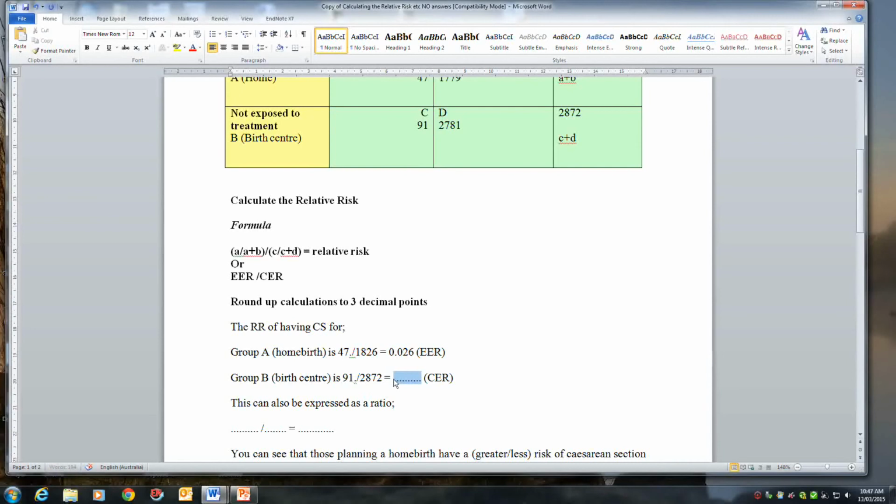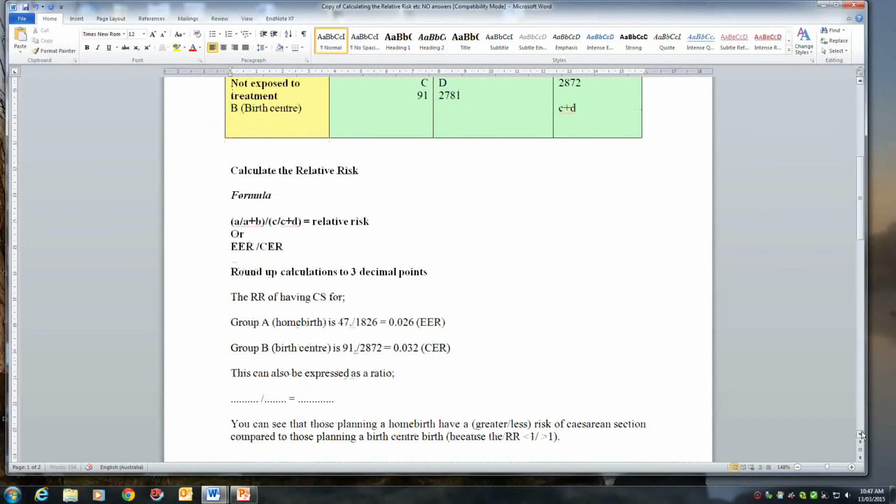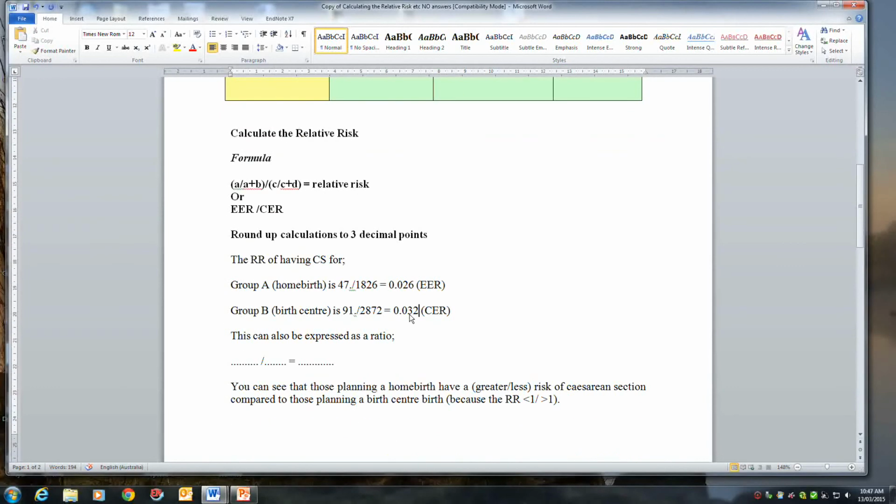Remember, the rounding is important if you want to get exactly the same number as me. If you do this calculation, 0.032. Now what we've got left to do is that divided by that. Let's put in the numbers here. And if you do that calculation and round it to 3 decimal points, you should get this result, 0.81.